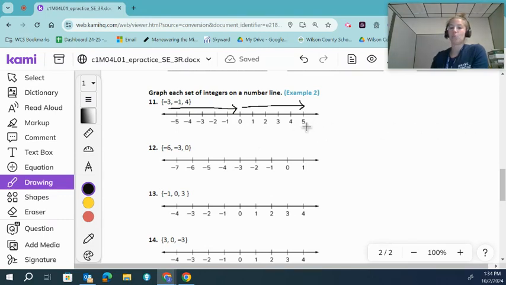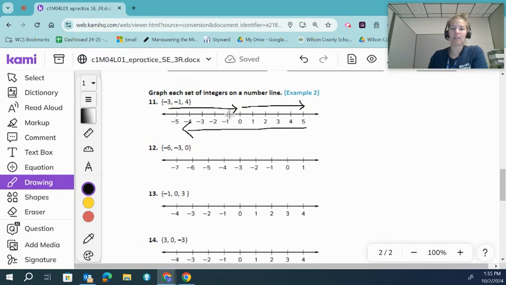Now, as we go to the left, our numbers decrease. Okay, so when we're at 0 and we go in the negative direction, these numbers are getting smaller. This means that -5 is smaller than -1.